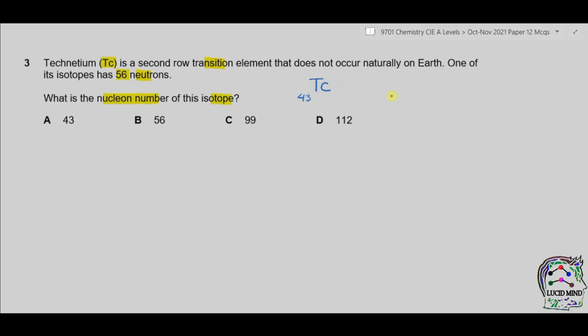As nucleon number means we have sum of protons and neutrons. So now we can add together. Number of protons is 43 according to periodic table. Number of neutrons is given, it is 56. So it comes equal to 99. Correct answer is therefore C.